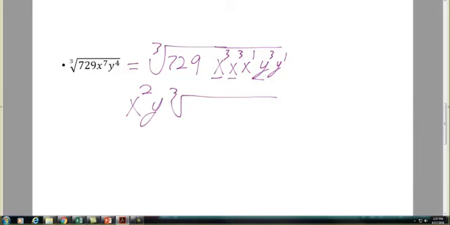And now we need to break up 729. And I'm going to use my parentheses just to help me separate them. Now 729, I'm not sure what can divide into it. I'm going to try our trick with 3, which is to add up the digits.